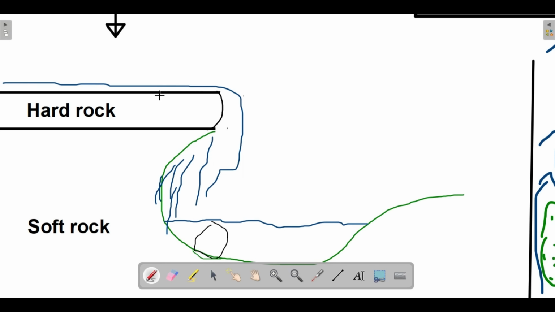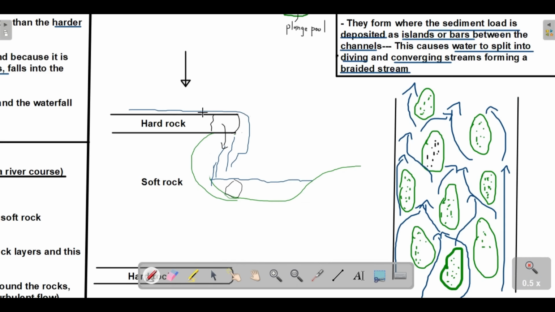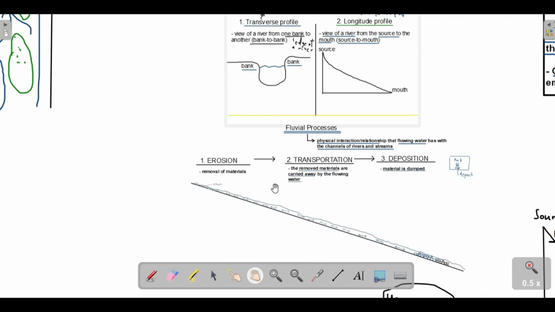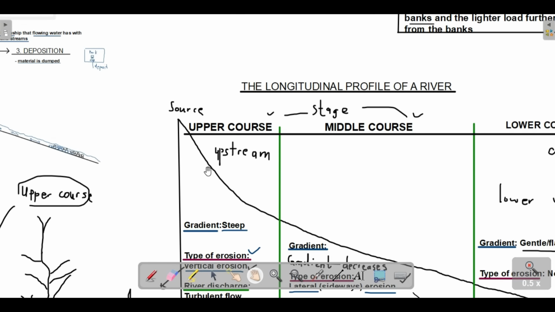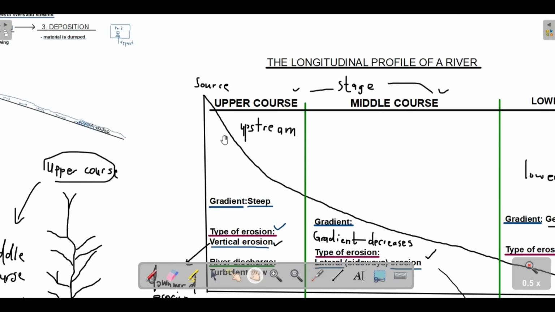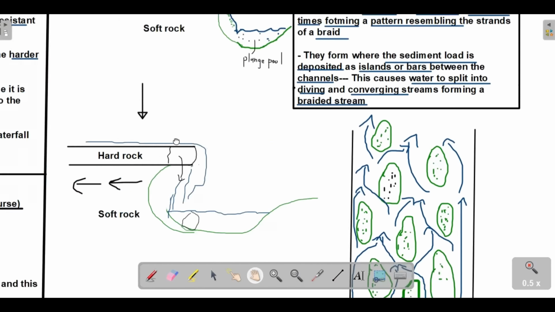The softer rock will again retreat backwards, and this piece of hard rock will be left overhanging again and will fall into the plunge pool again. So this means that this waterfall will actually retreat, moving backwards, and on a large scale that means it is moving up the stream. The waterfall is retreating backwards up the stream.